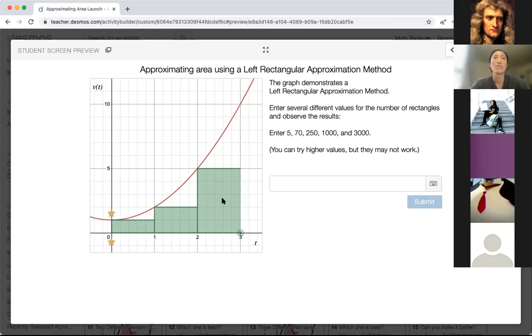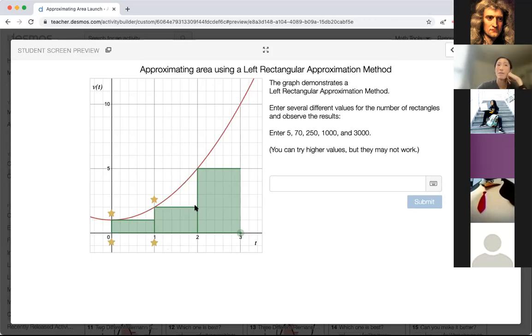Let's try this with the middle rectangle. The middle rectangle goes from 1 to 2. Which number represents the left-hand number in the interval 1 to 2? 1, good. So let's put a star here. Now let's check out the height of this rectangle. I went up until I hit the curve, and that y value became the height of the rectangle.